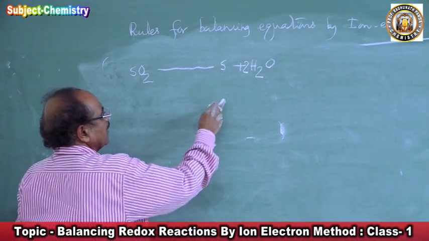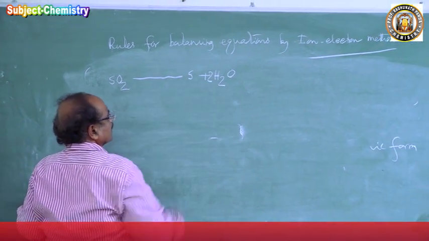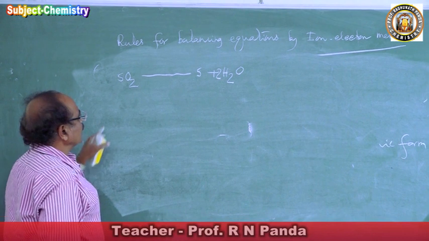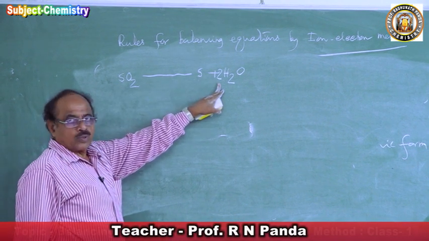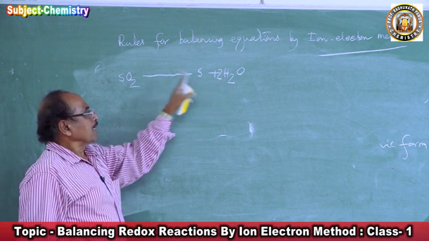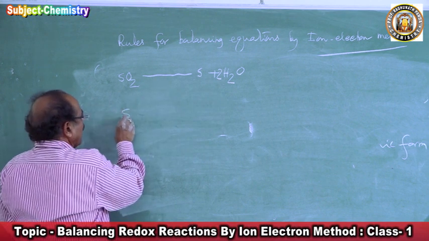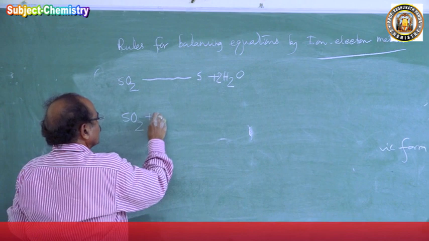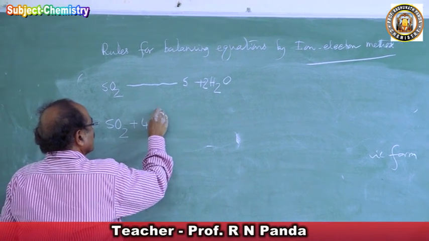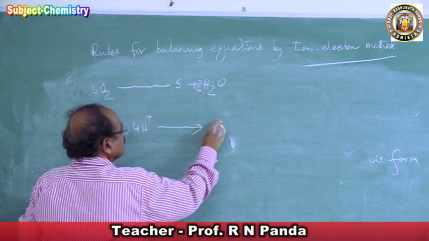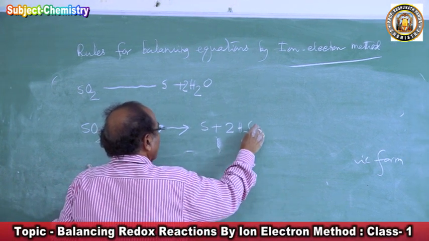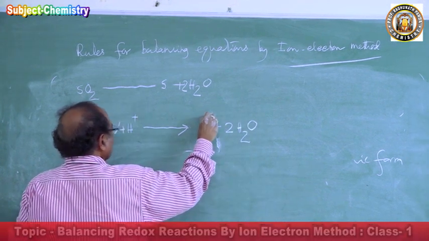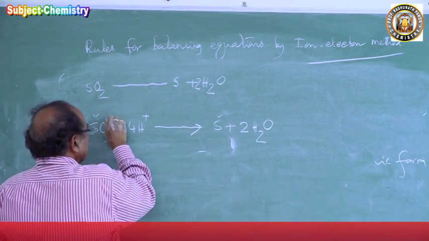Then the second step: balance the hydrogen atoms by adding hydrogen ions on the other side. How many hydrogen atoms are here? 4. So we will add 4 hydrogen ions on this side, 4H+, to get sulfur plus 2 water. Now hydrogen is balanced, sulfur is balanced, oxygen is balanced.